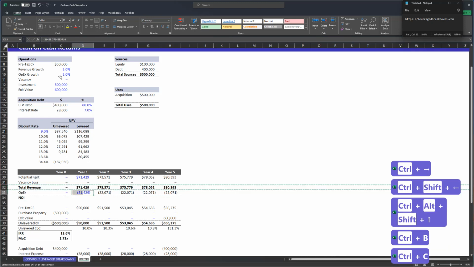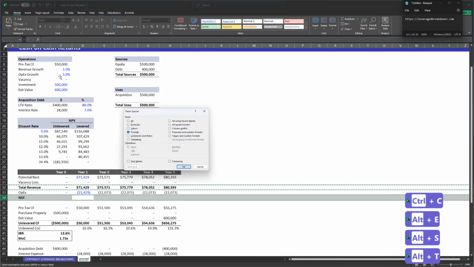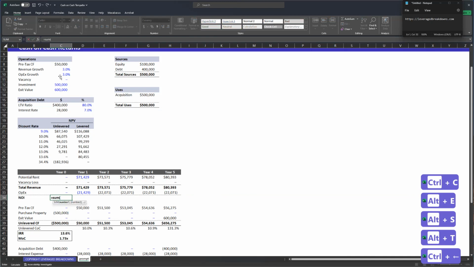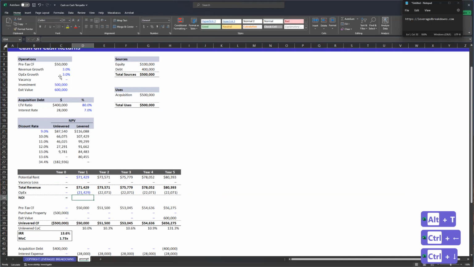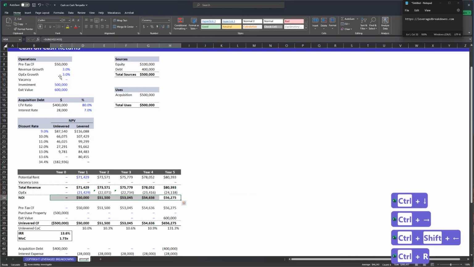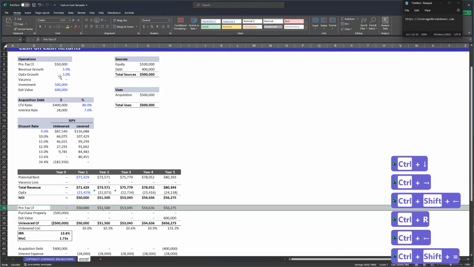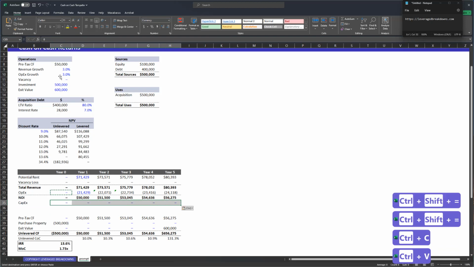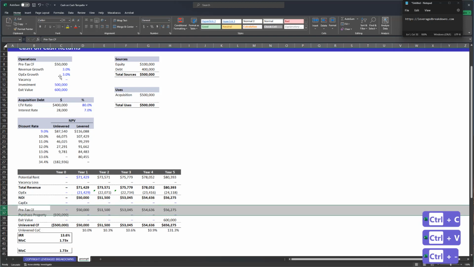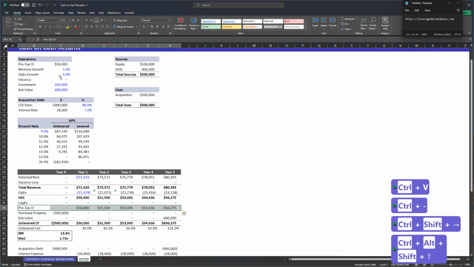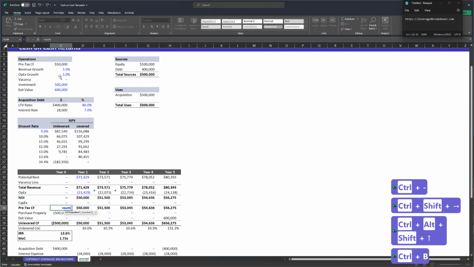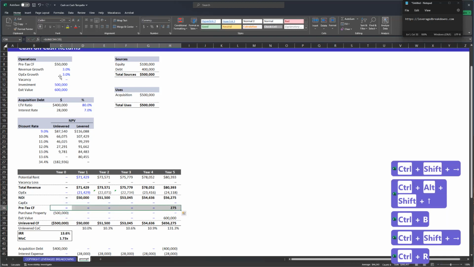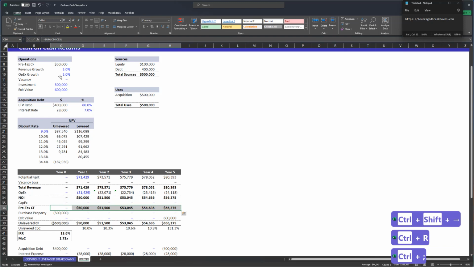And again, same formatting as this, so let's just do that. NOI is there. Last thing, CapEx, $0 the whole way through. And that gets us to our pre-tax cash flow, which is now going to be a sum of those figures rather than a hard code in and of itself.